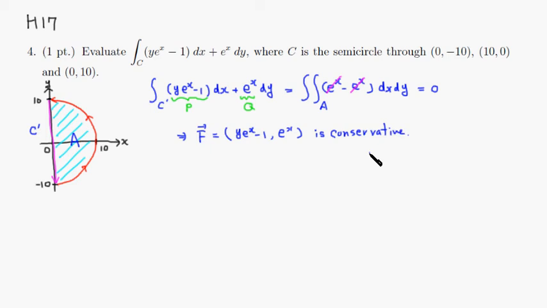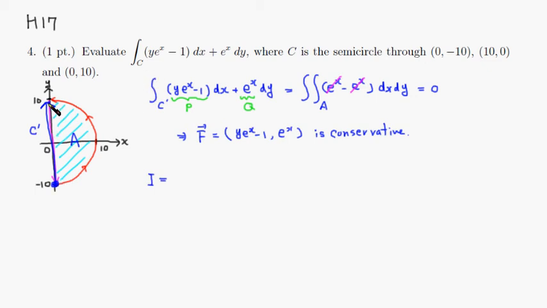So therefore, we can actually take a simpler path. For example, in this case, I would probably take the path from here along the y-axis straight to (0, 10). So for the integral that we are looking for, I'm just going to go straight from here to there.